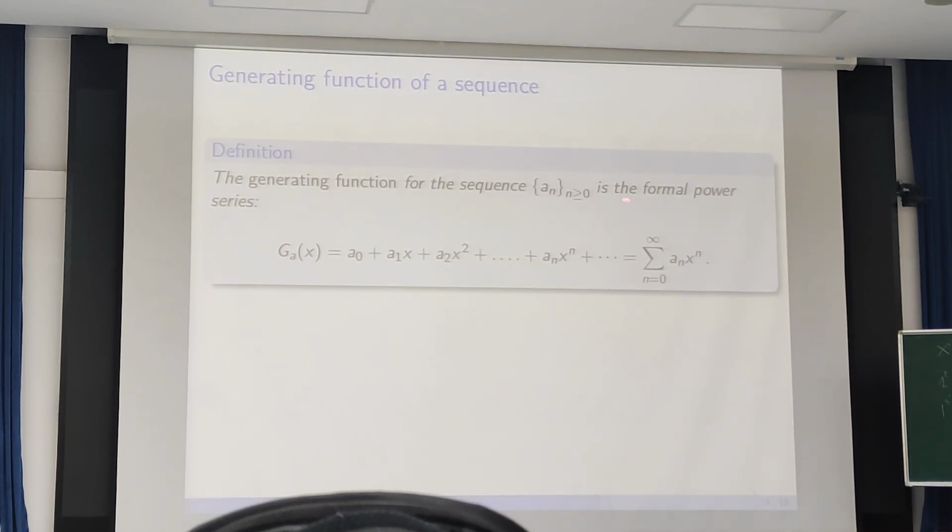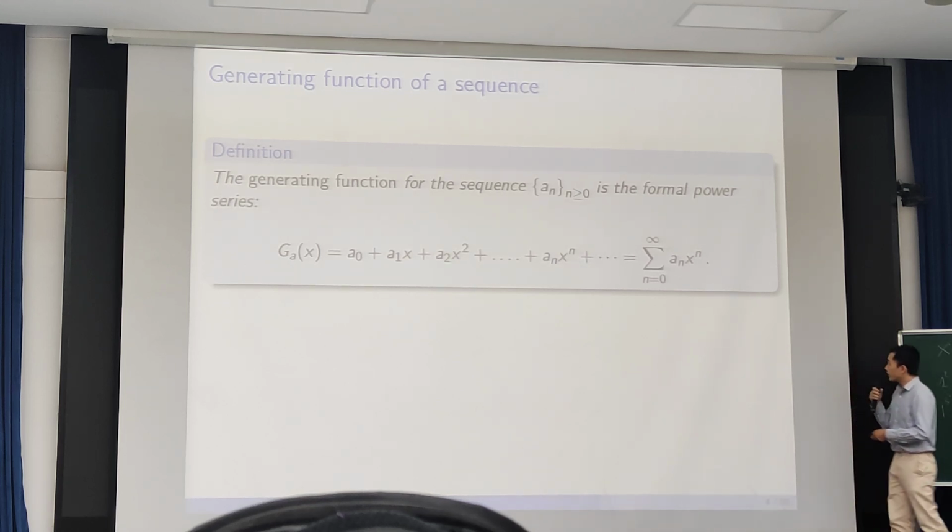So we say that this power series is formal, okay? Formal because we don't associate a value. This is not a number. Okay? This is just an expression. These are symbols. Okay? There are no values. So we don't talk about convergence or such concepts.